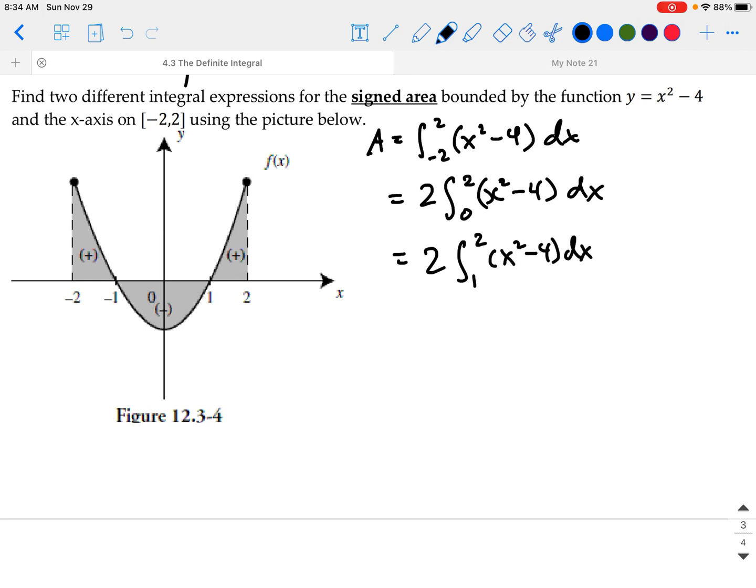So that's going to be doubling that positive area and then adding that to the negative area. So we could do it that way and split it into two separate integrals. And there's a whole host of other ways you could approach it as well. So again, I would just try to find a couple different ways to write it that you think might be useful.